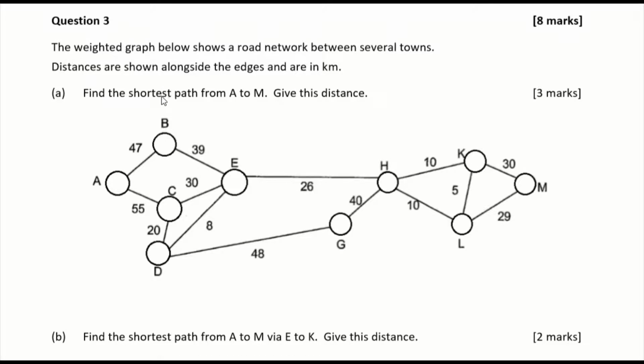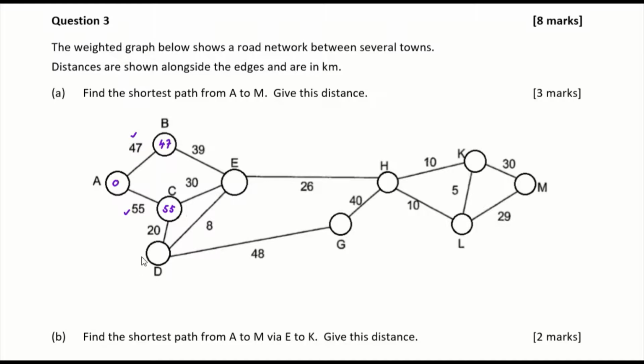So let's do that. From A, we start with 0 here. Now let's check it out. The shortest distance to the adjacent vertices here, you have 47, which you pass through here, and 55 where you pass through here. We need to do this first so that you can see which one is the shortest when you move on to E. For this part, it already gives you 86.